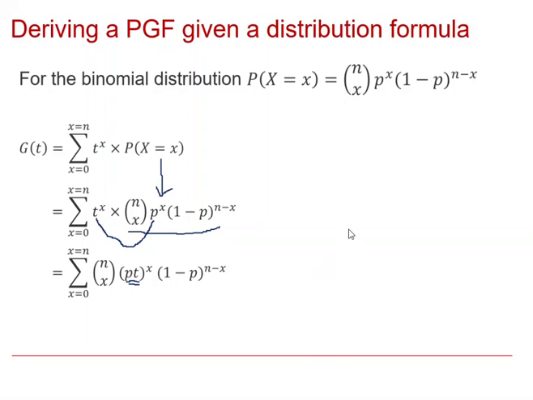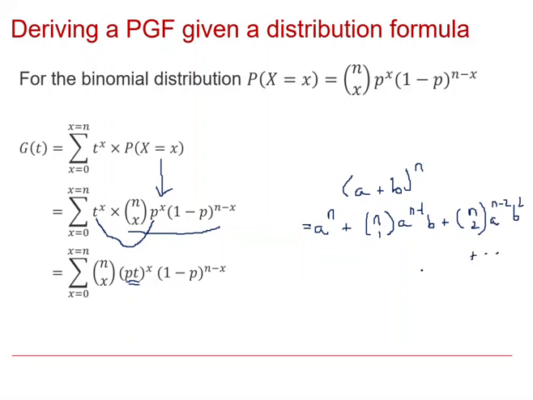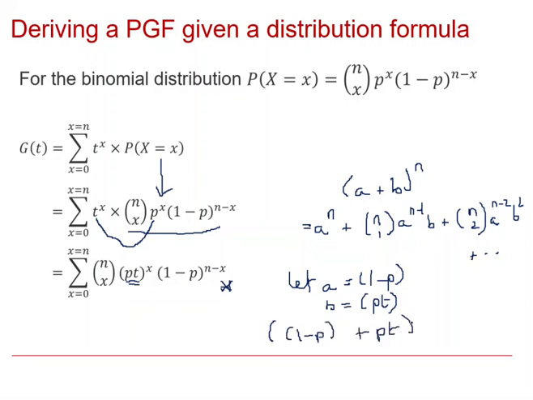And that's quite an awkward summation, but if you simply consider a normal binomial expansion (a plus b) to the n, where you would get a to the n plus nC1 a to the n minus 1 b plus nC2 a to the n minus 2 b squared, etc. If you consider letting a equal 1 minus p and b equal pt, you will see that this summation gives you exactly the same as the expansion of (1 minus p plus pt) to the power n.